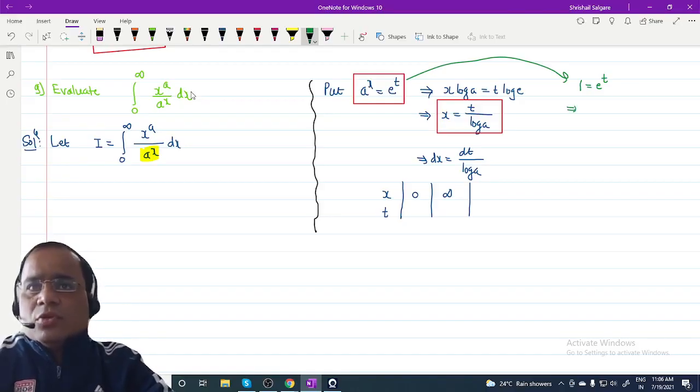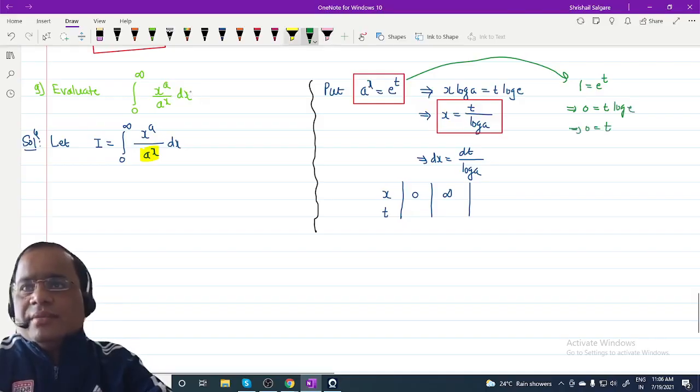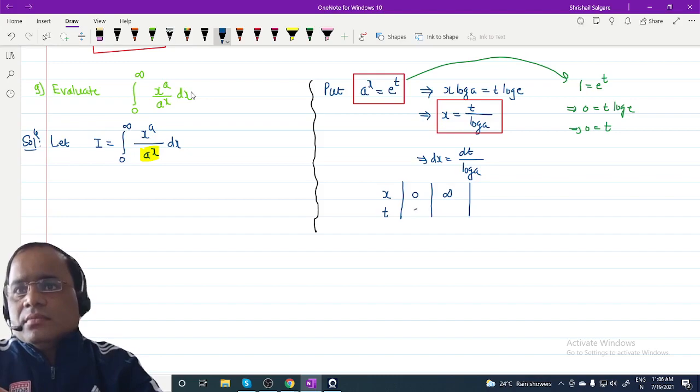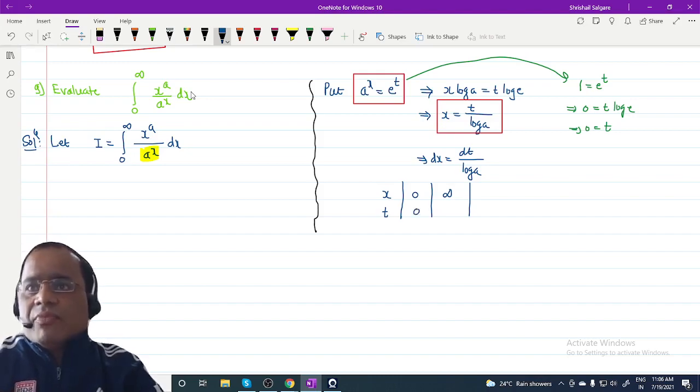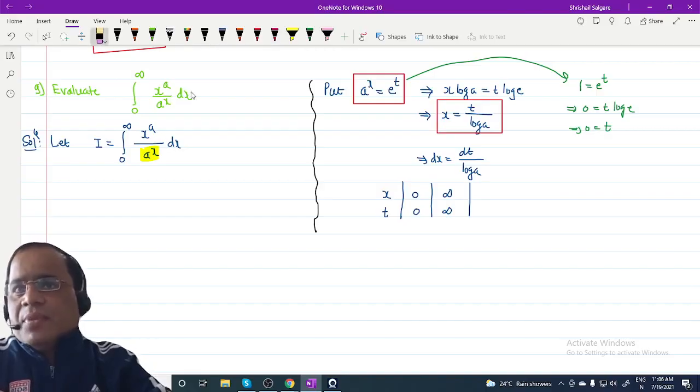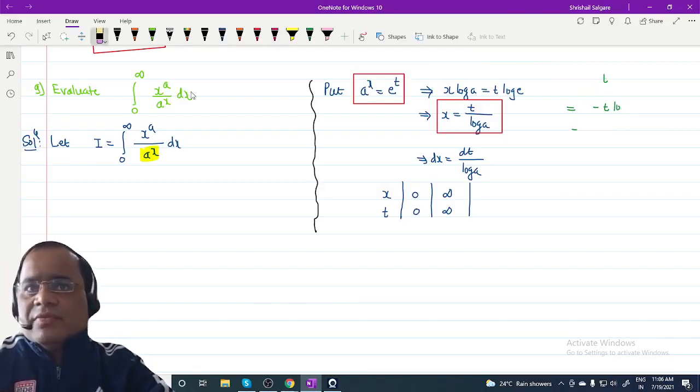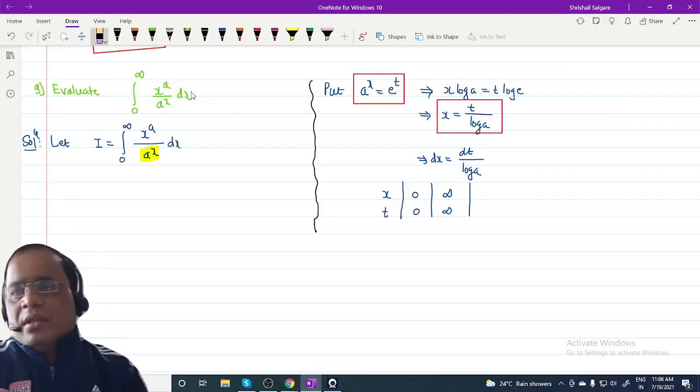Taking log on both sides, log 1 is 0, t into log e. Log e is 1, so 0 is equal to t. This also you are getting 0. In the same manner, you can simplify and you will get the upper limit also as infinity. The limits remain the same.